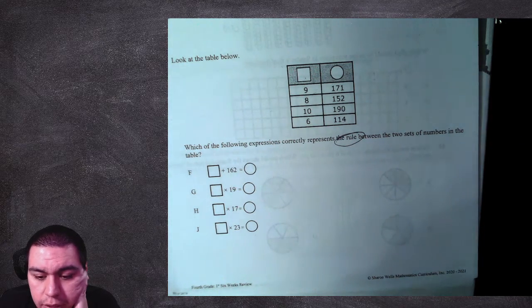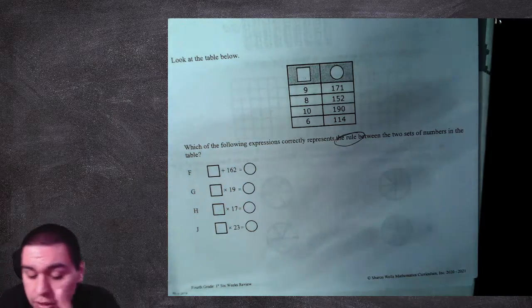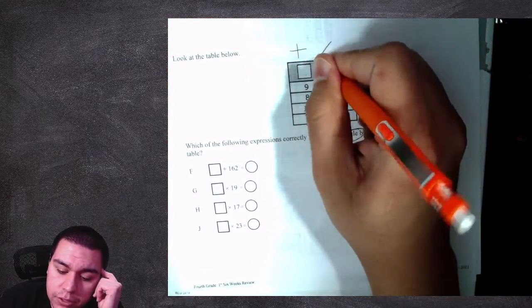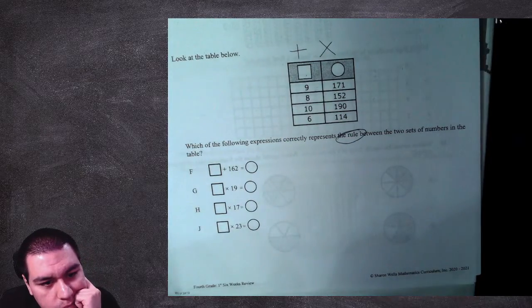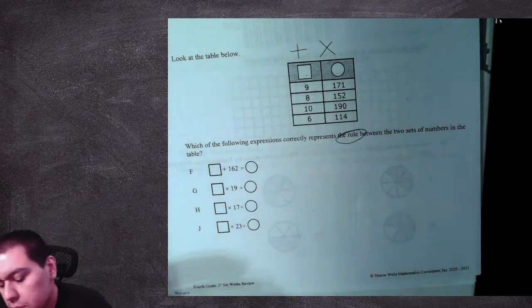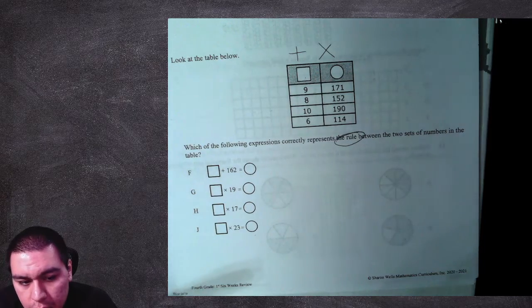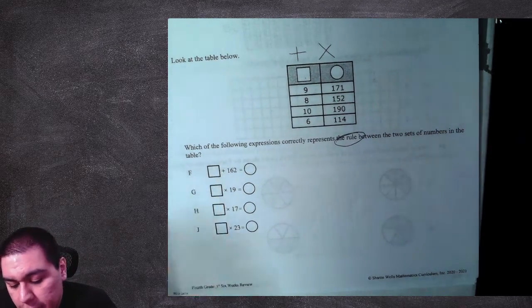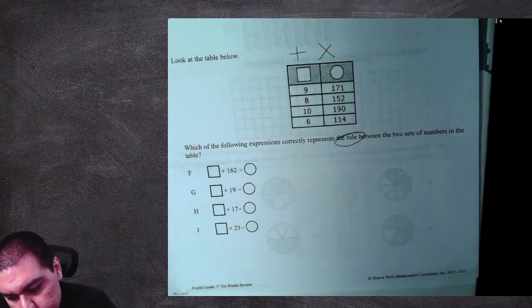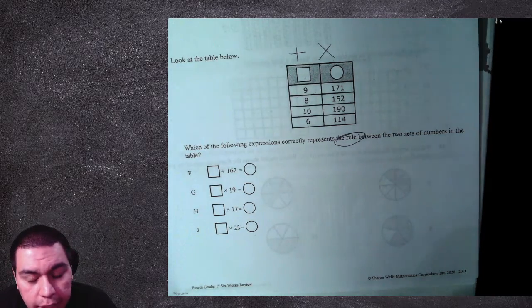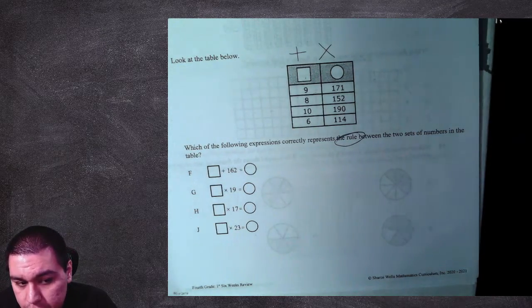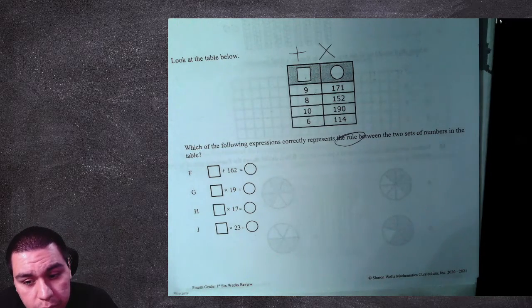Jada? They're getting bigger, which means I need to use either addition or multiplication. All of my answer choices use either addition or multiplication, so I can't get rid of anything just yet. I have to check all my rules and see which ones work and which ones don't.